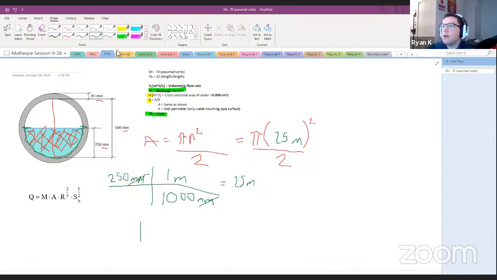Let's do a different color. So our P, normally that would be 2 pi r for the circumference of a circle, but we need exactly half. So we'll divide it by 2, and we're just left with pi times r.